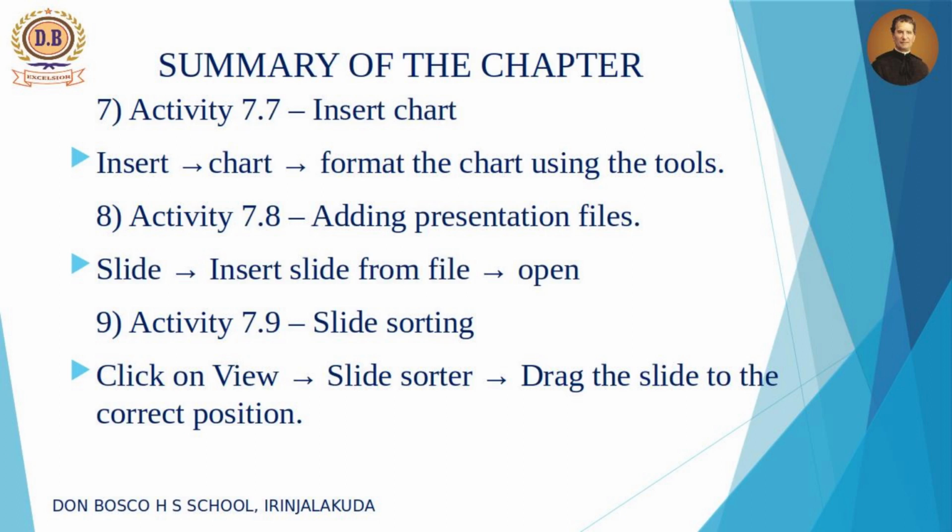Then the last and final activity was slide sorting. We can arrange the position of slides. Either you can click and drag on the slide in the slide pane, or go to the view menu, slide sorter option. There you can see every slide in that presentation. We can drag the slide to the correct position. So these are the 9 important activities in chapter 7.